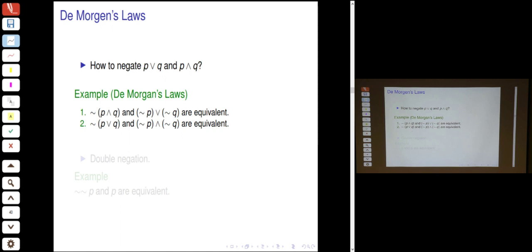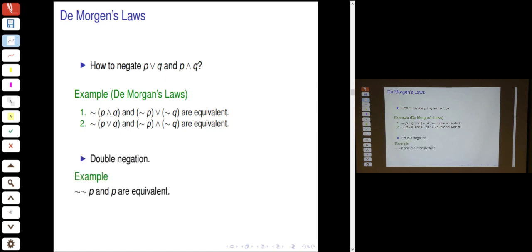The and becomes or, and similarly the or you flip to and. I don't have time to draw the truth table for these two, but I think you are able to do it. If you draw a truth table, you'll see that they give you the same truth value.